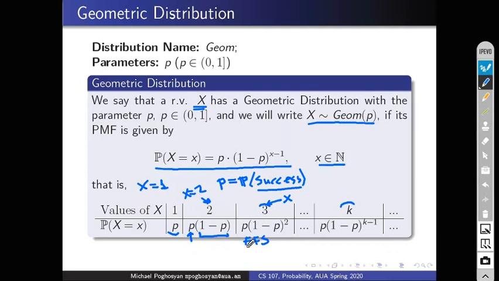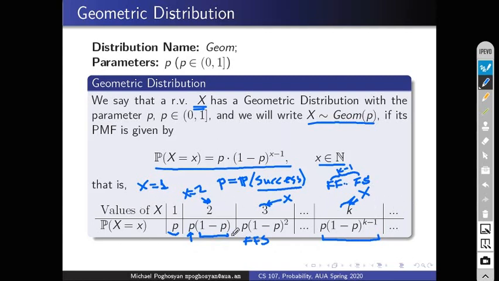The probabilities are 1 minus P, 1 minus P, and P. So X equal to k means that we had failures k minus 1 times, and then the last trial was a success. So we have 1 minus P, k minus 1 times, and P for success.